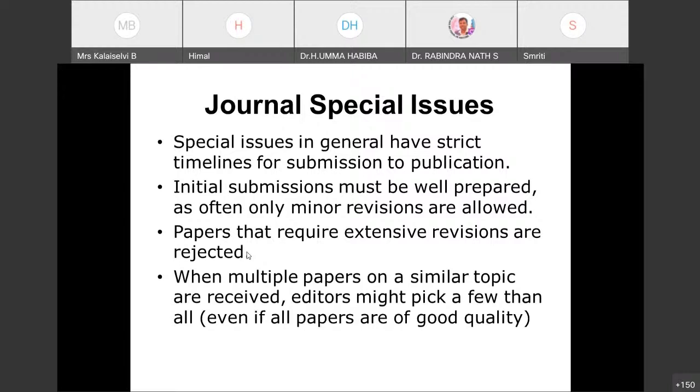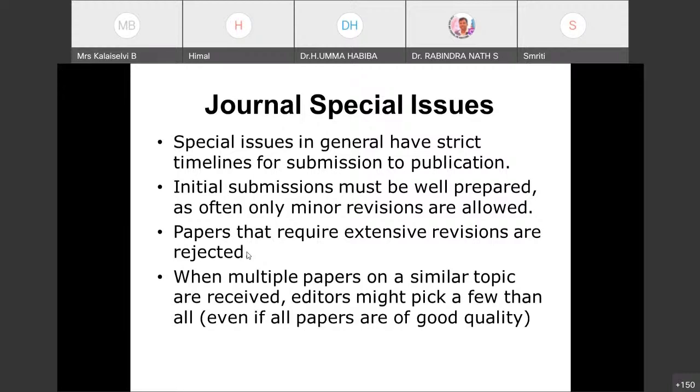However, in a special issue, if the editorial board deems that your work requires a lot of overhaul, definitely it will get rejected. So initial submissions must be well prepared, and often only minor revisions are allowed. Papers that require extensive revisions are rejected.